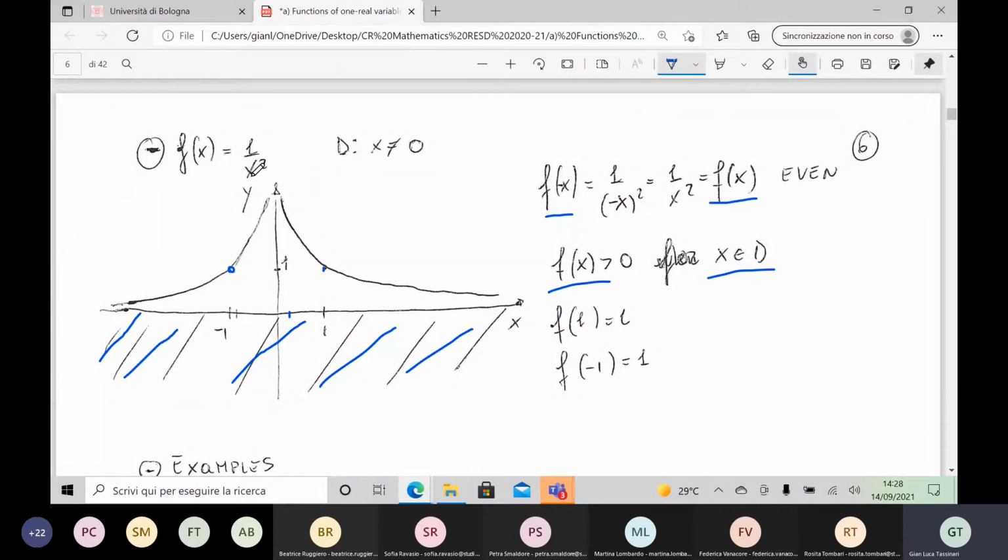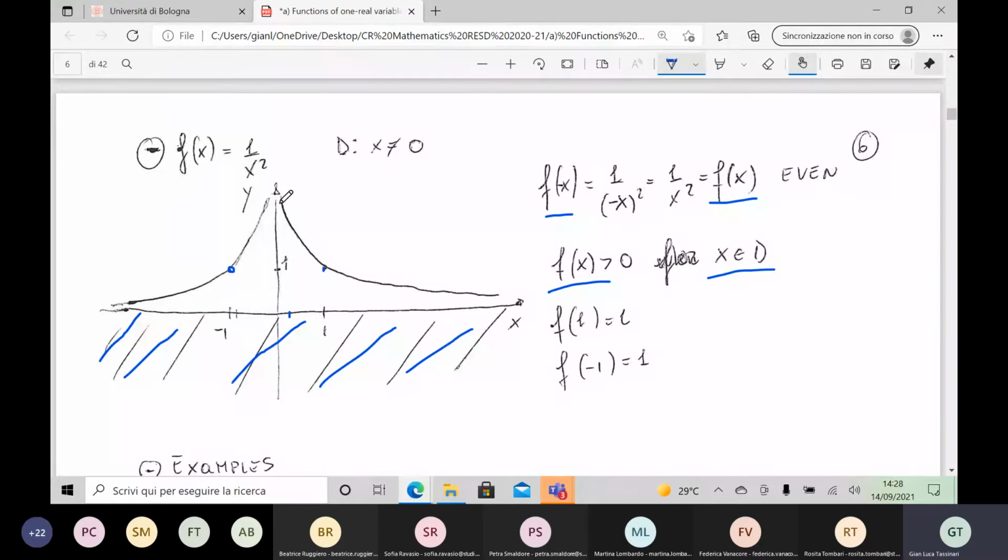Obviously, if you put here 1 over 10, 1 over 10 to the power 2 is 1 over 100. So you have 1 over 1 over 100, which is 100. So you understand that if you take a number x closer and closer to 0, you always get a bigger and even bigger number.